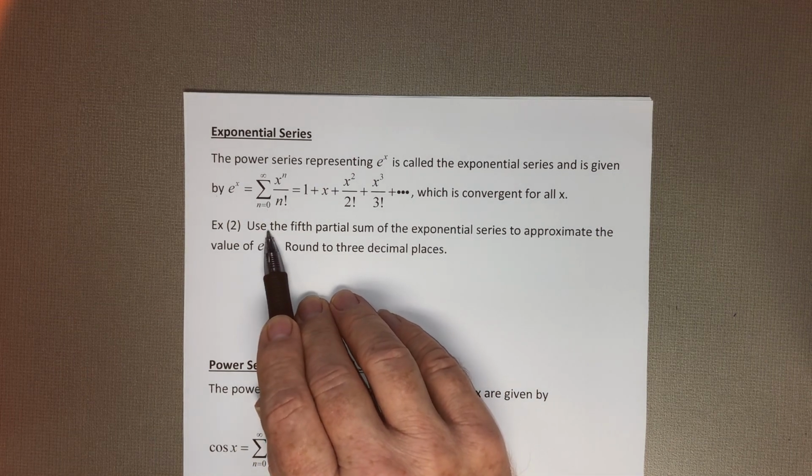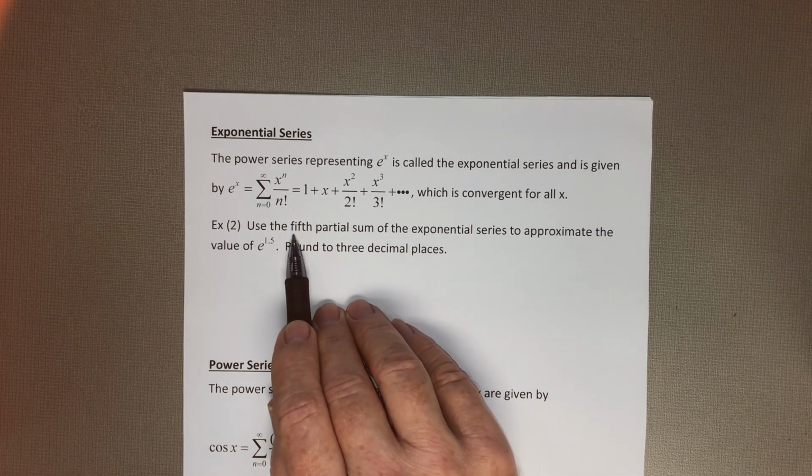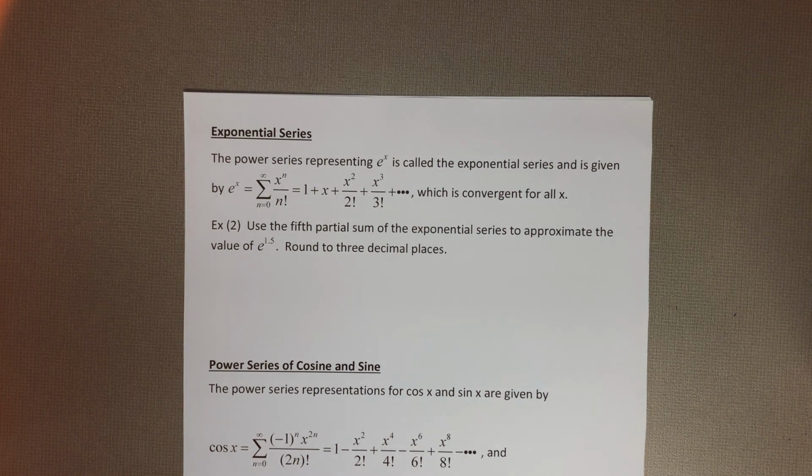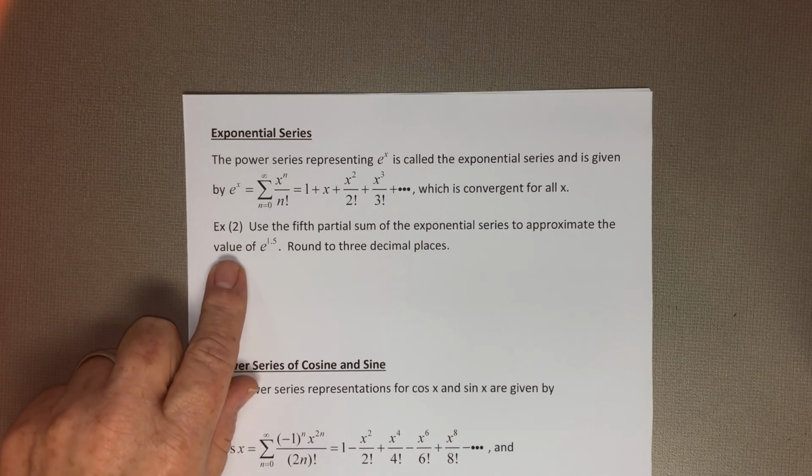The instructions for example 2 say to use the fifth partial sum of the exponential series to approximate e to the 1.5.